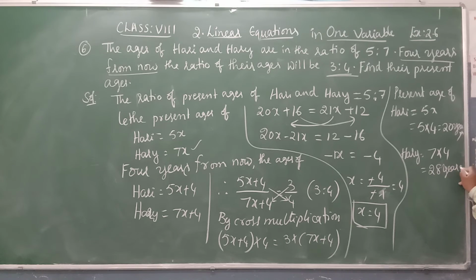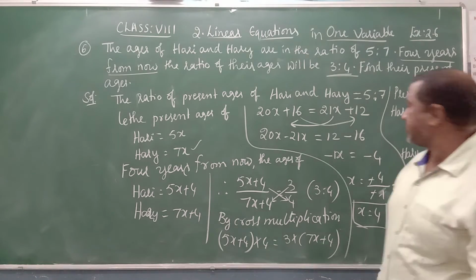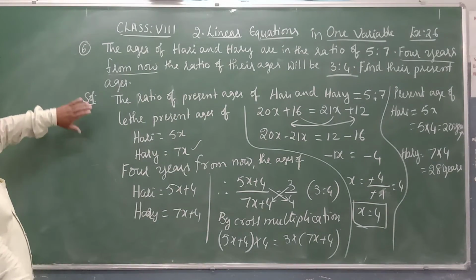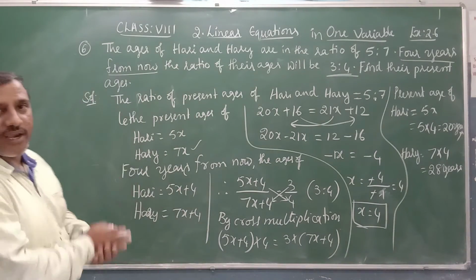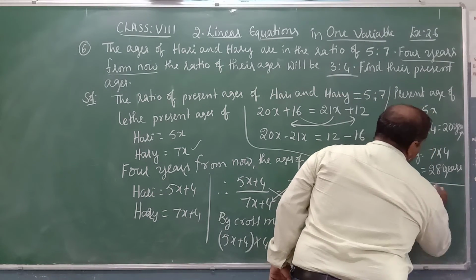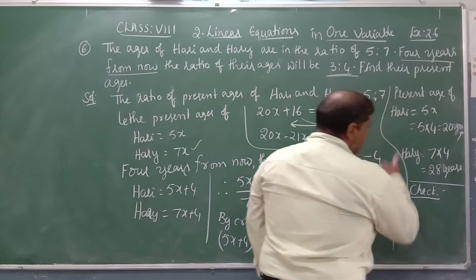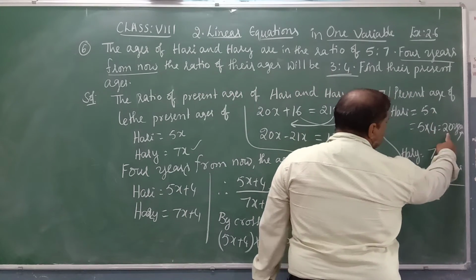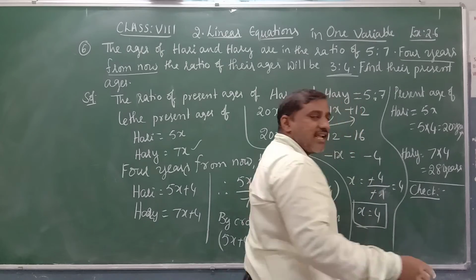So these are their ages. 28 years is the age of Harry and 20 years is the age of Hari. Now you can cross verify. Check their present age ratios. Hari is 20 years and Harry is 28 years.